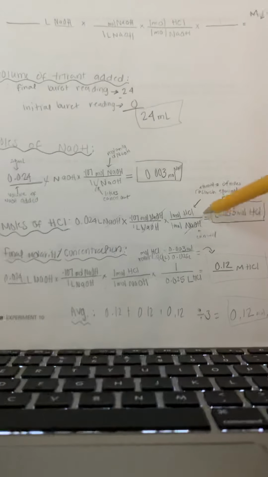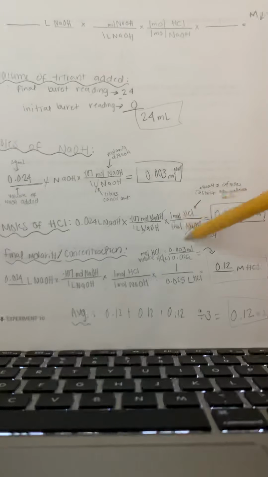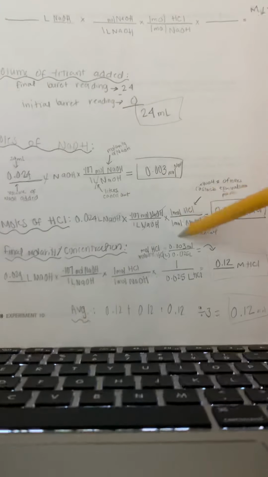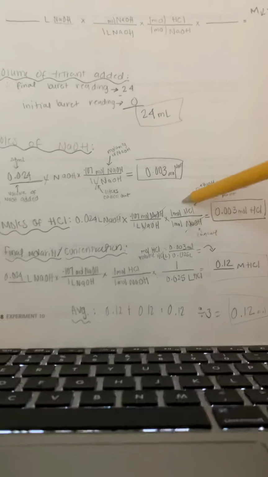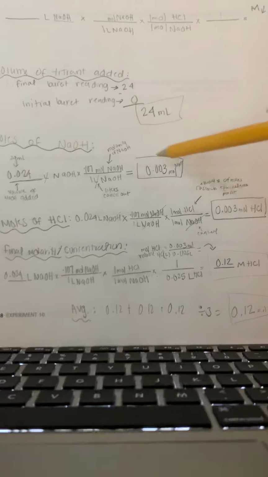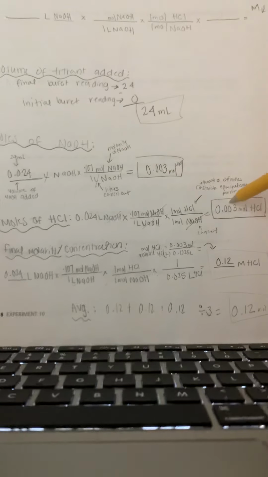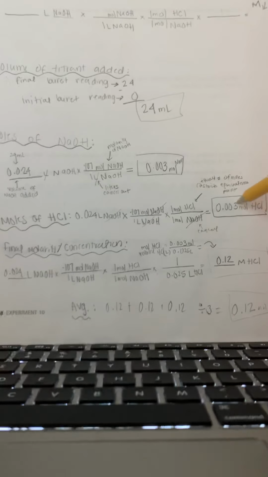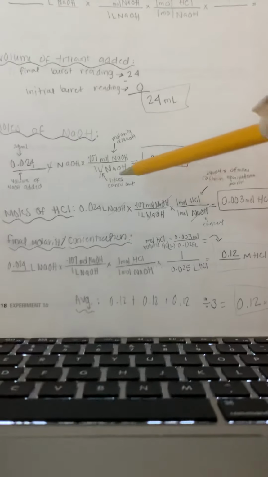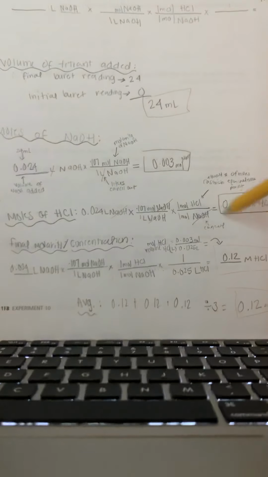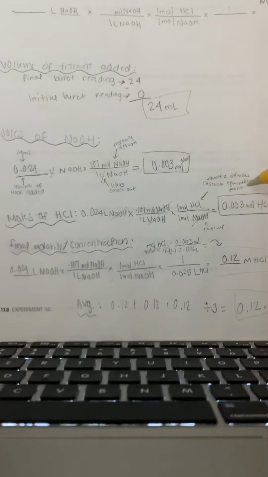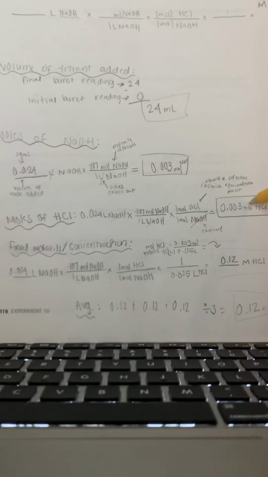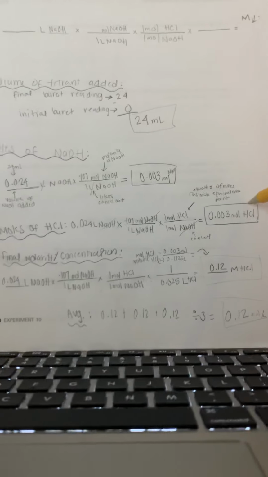The 1-to-1 mole ratio is just the equal number of moles at the stoichiometric equivalence point, so the moles of sodium hydroxide and the moles of hydrochloric acid should be the same. We did the math and got 0.003 moles of hydrochloric acid.